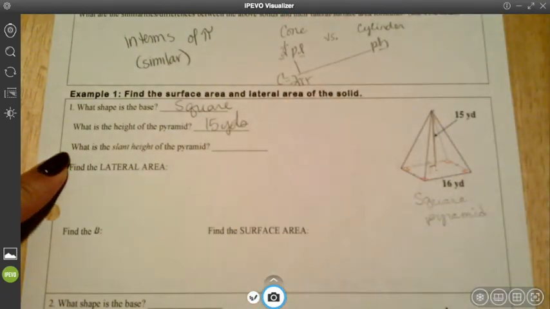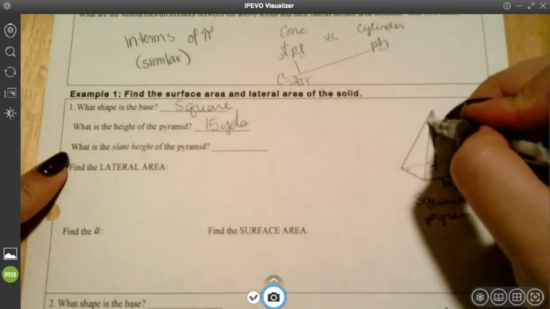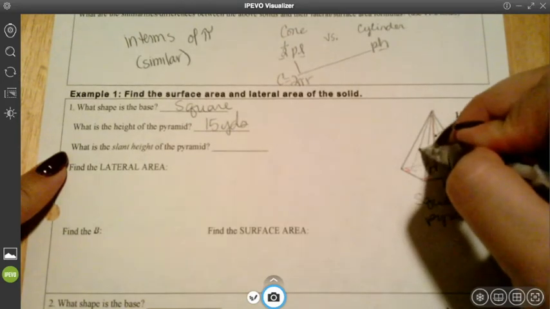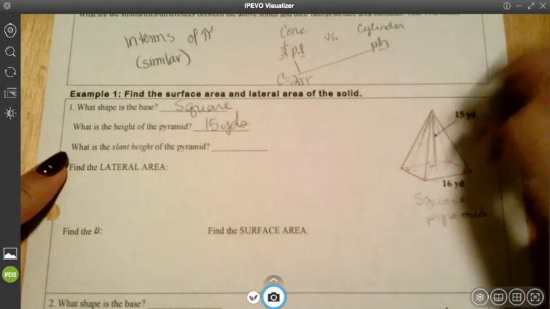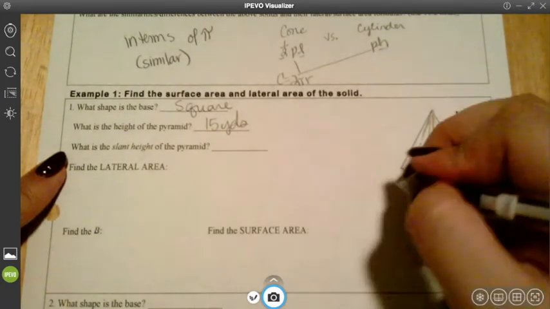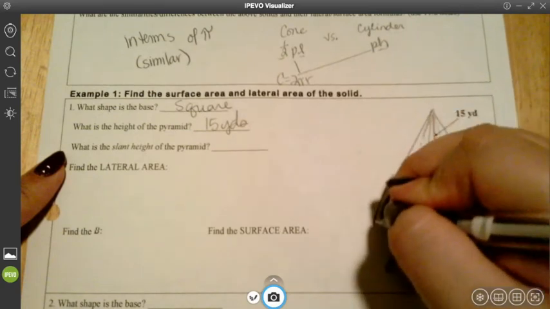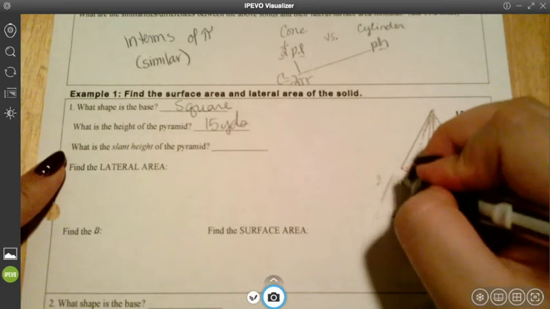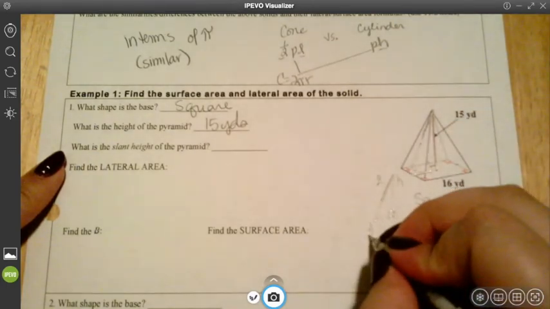What is the slant height? Well, the slant height is if I slide down the outside of the pyramid. Slant height is sliding down the outside of the pyramid. And in order to find that, I'm going to need to create that right triangle. And so we have this right triangle with the slant height and the height. And then this is going to be half of a side.